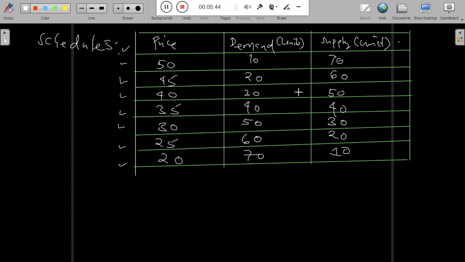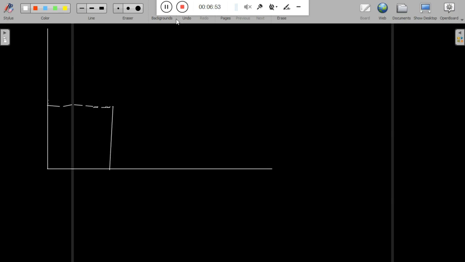When you sketch the graph, it would appear like this. On the left hand side we have the price in Tanzanian shillings, and on the x-axis we have the quantity.